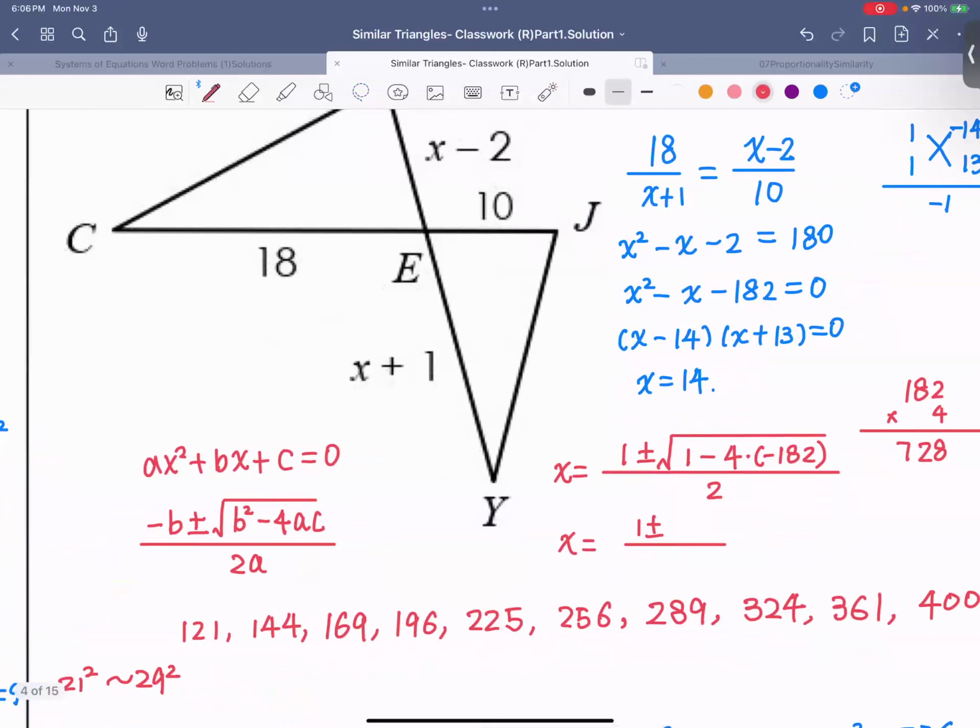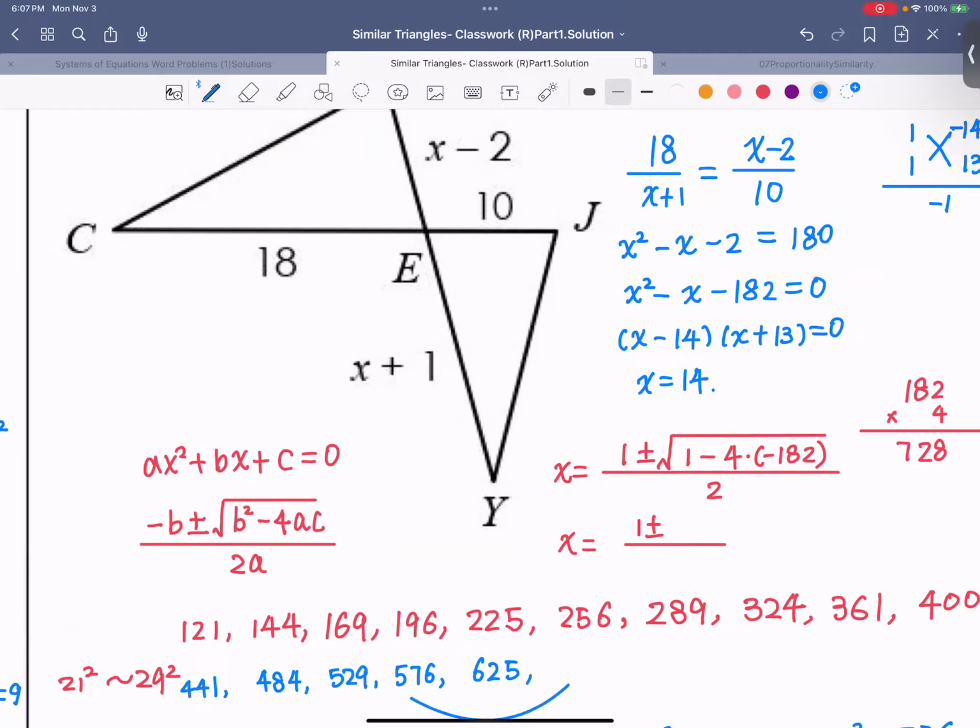Starting from 21 squared, yes. 21 squared is 441. 22 squared is 484. 23 squared is 529. 24 squared is 576. 25 squared is 625. 26 squared is 676.